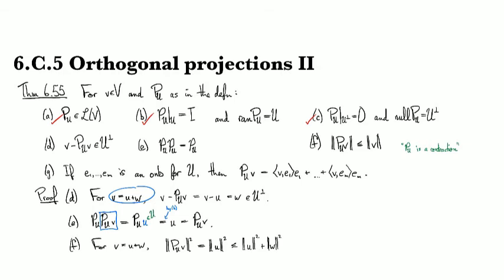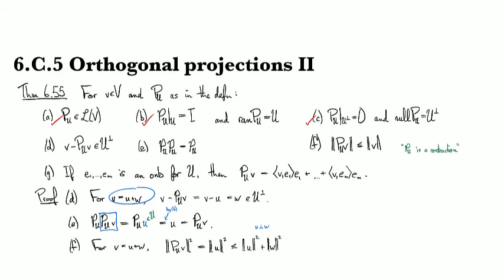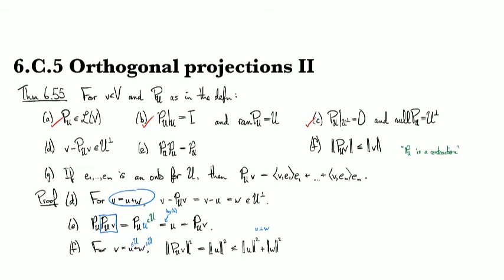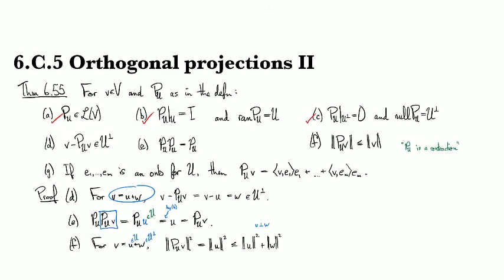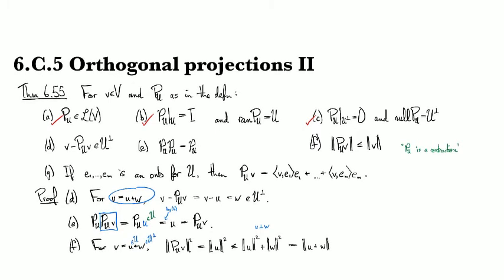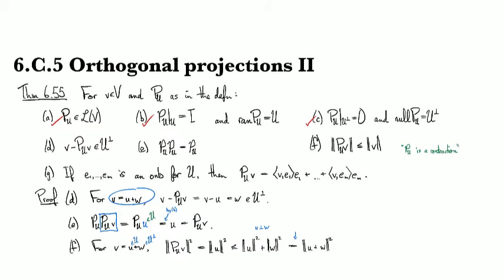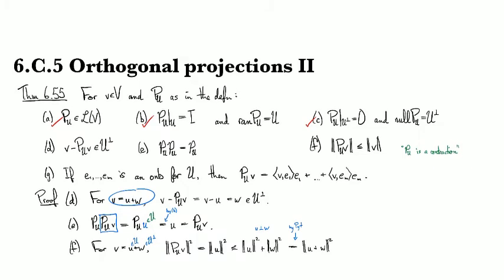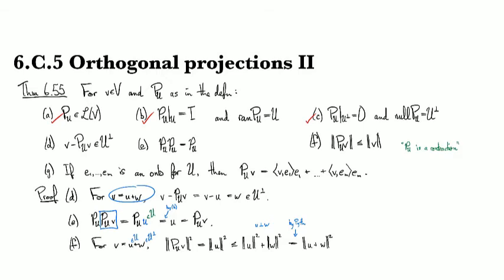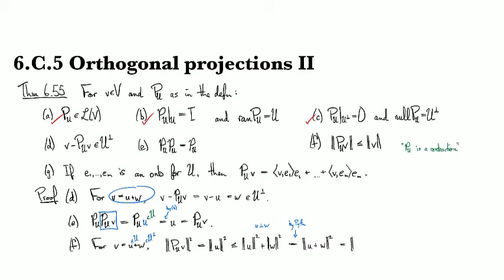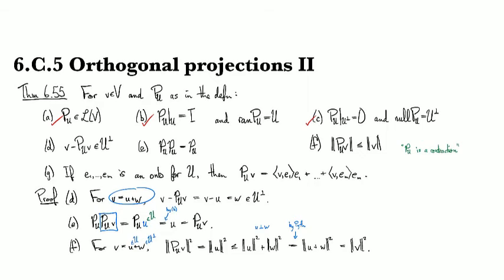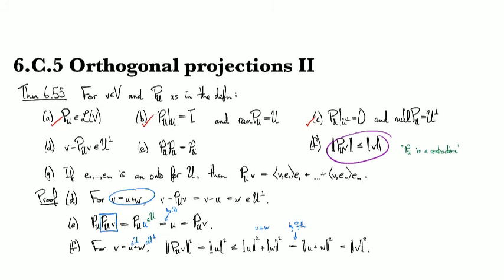And now notice that U is orthogonal to W because we've got U in capital U and W in capital U perp. So this is equal to the magnitude of U plus W squared by Pythagoras. And then this is, of course, magnitude V squared. So now you just take square roots of both sides and you have this identity.